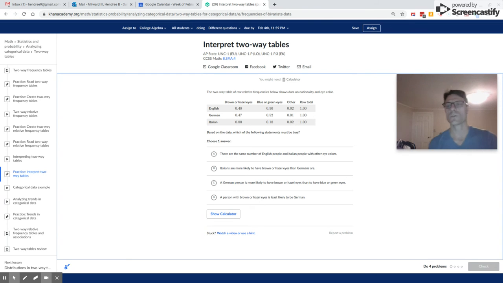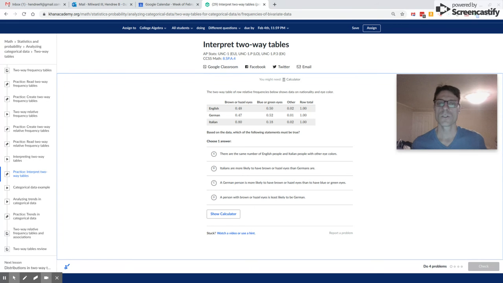It's trying to catch you making that mistake of imagining that percent is the same thing as actual number. Depending on the size of England and Italy, 2% could be a very different number of people. Let's say England is a bigger country than Italy. I'm not sure if that's true, but let's say it is. 2% of England is a lot more people than 2% of Italy.